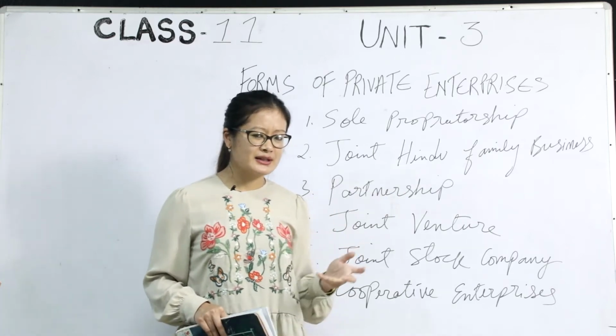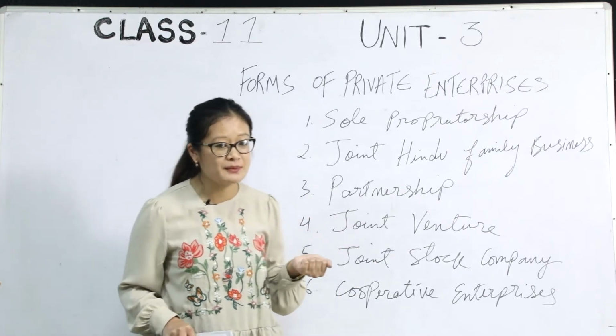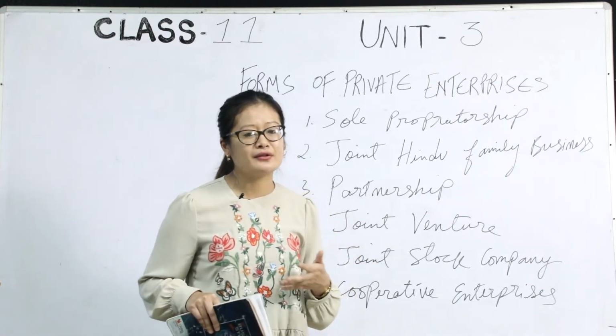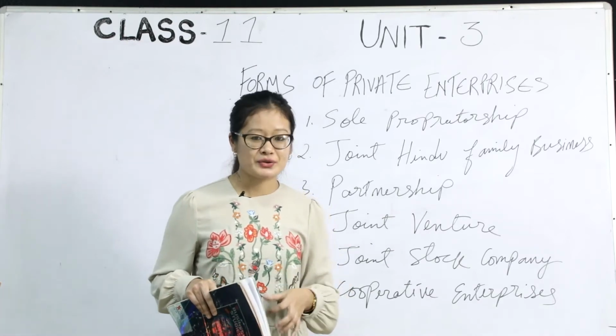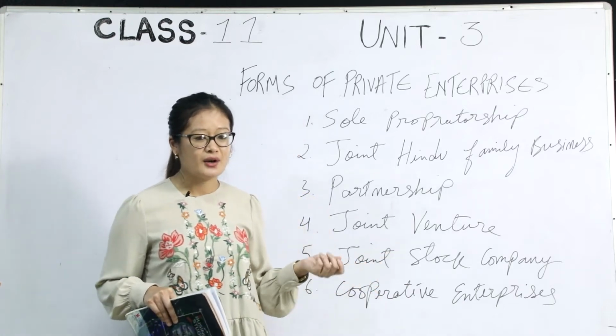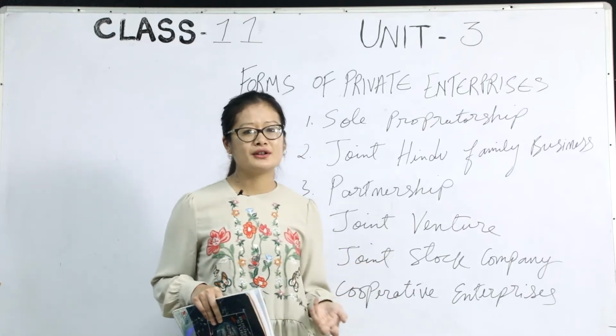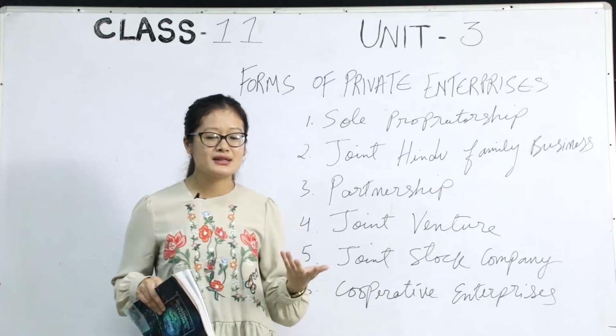Some examples of sole proprietorship are when a person runs his or her restaurant or shop. That is a sole proprietorship business. Most of the businesses that run restaurants have a single owner.